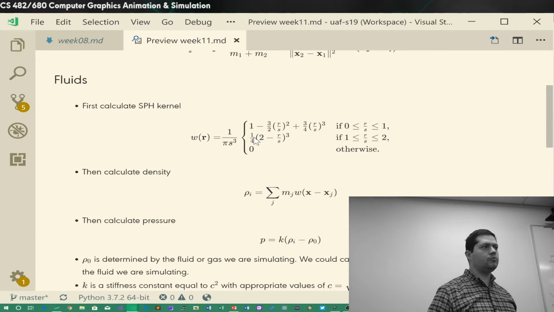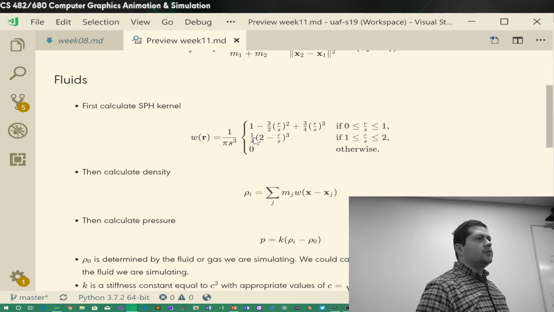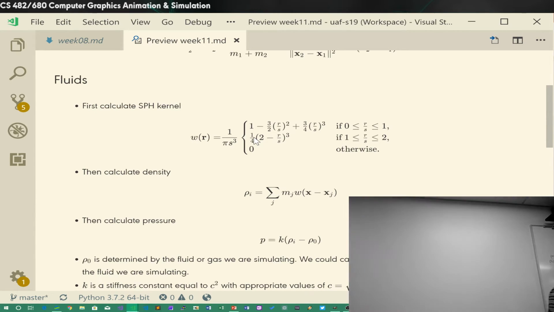So it's how much they introduce to the density. If you have a lot of particles nearby this object, then the density would be really high in that area until eventually it fades out.